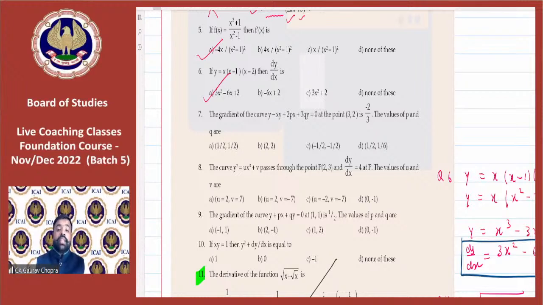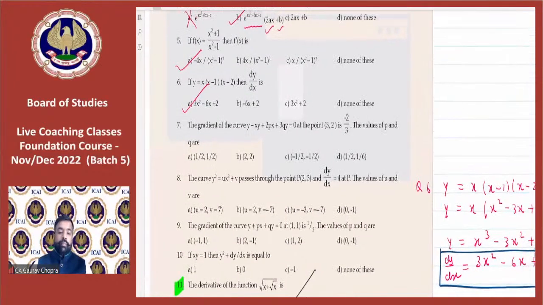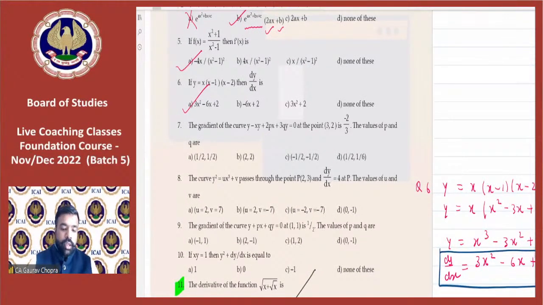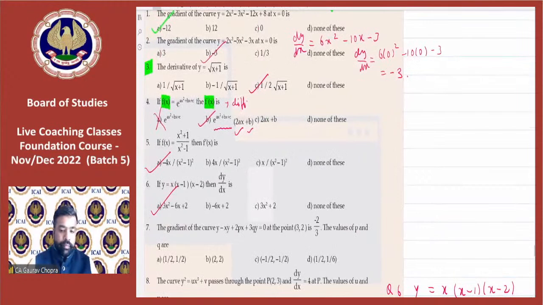So this time the gradient at a point is given. So we already have the value of gradient. Now we have to find the value of P and Q. So let us try to solve this question.